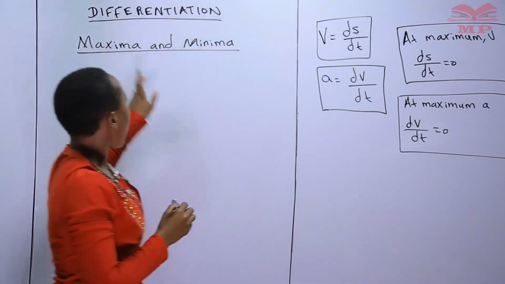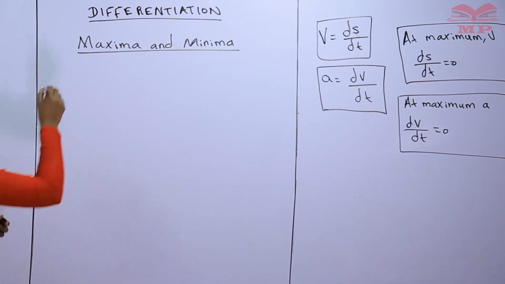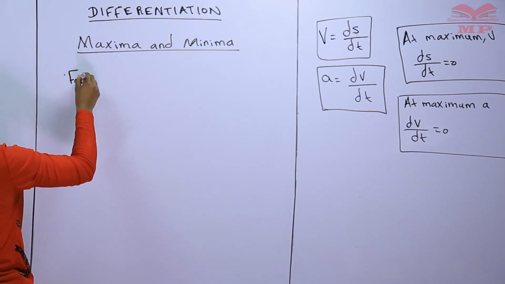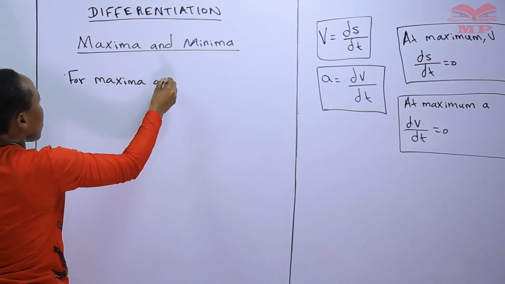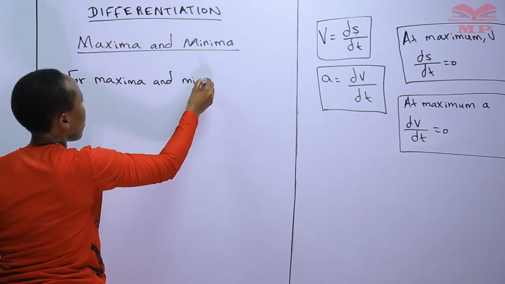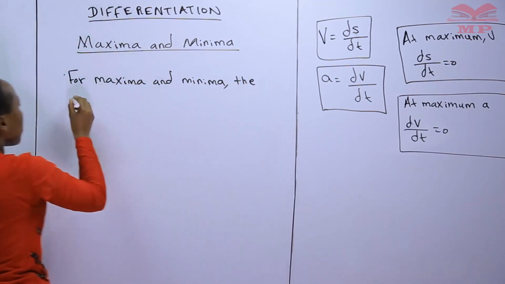Now, we are in maxima and minima. At maxima and minima, the gradient function is equal to 0.